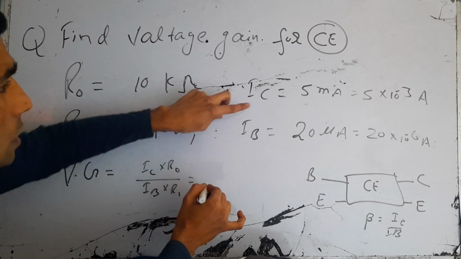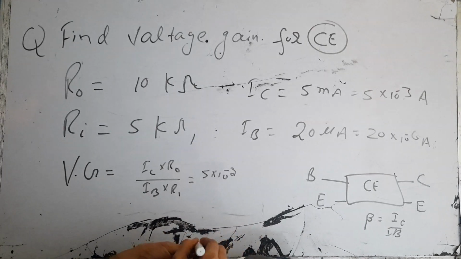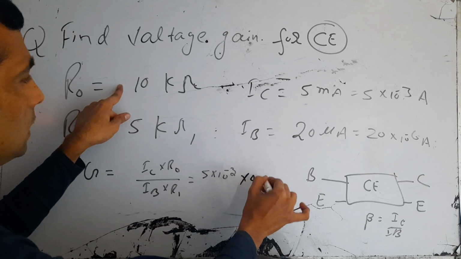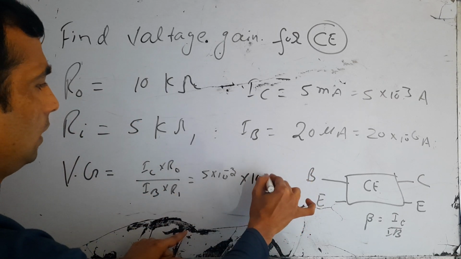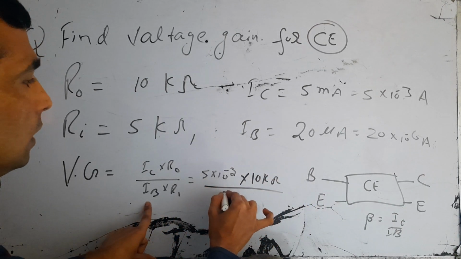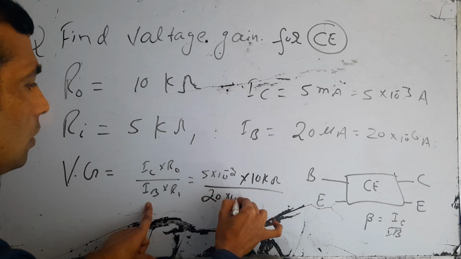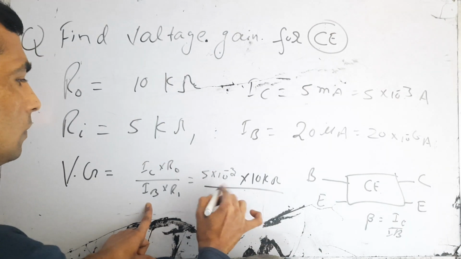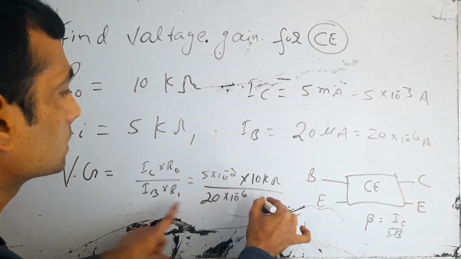So what is IC? IC is 5 into 10 to the power minus 3, student. Next, R naught is 10 kilo ohm, not 4. And next IB is 20 into 10 to the power minus 6.